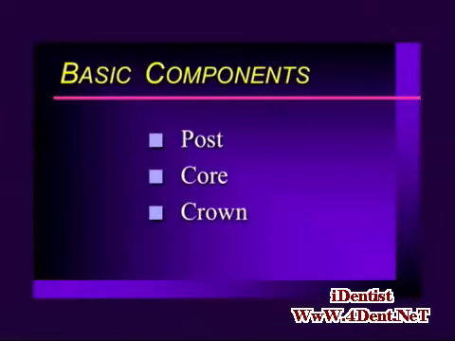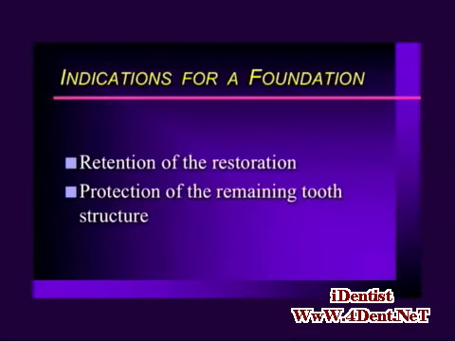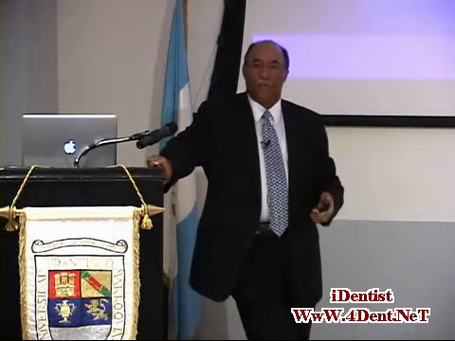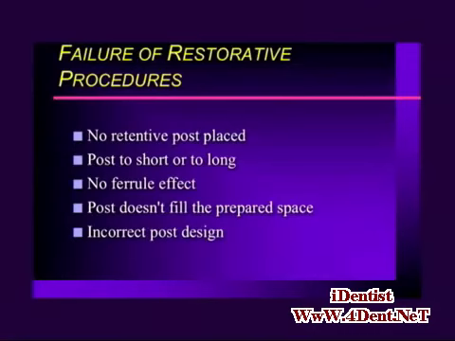Now, as far as post and core and crowns are concerned, there are some basic components here that we're going to talk about. Retention of the restoration and protection of the remaining tooth structure are indeed the indications for placing a core or a foundation in the tooth. The failure of restorative procedures is a result of not having a retentive post that is placed into position.